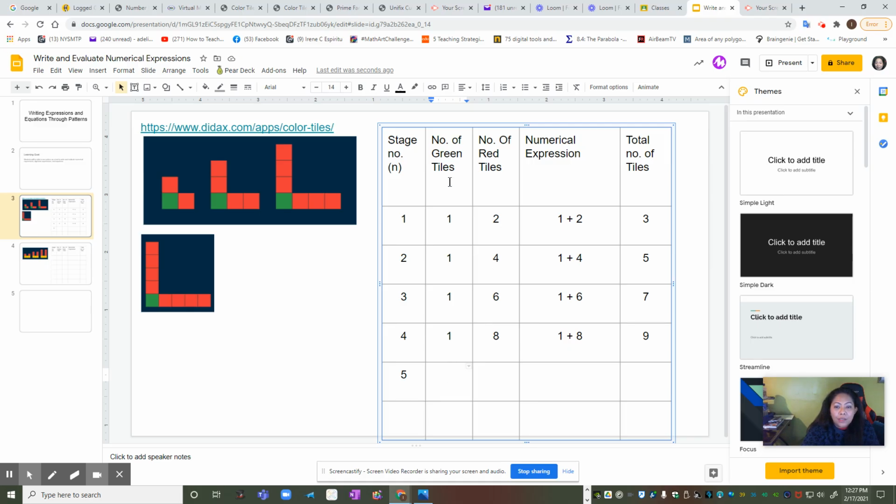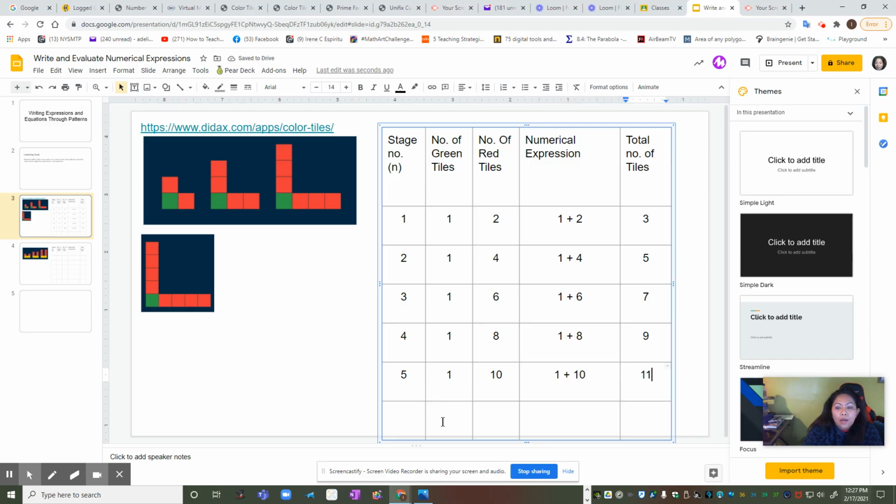So the number of green tile is not changing. It's constantly 1. While the number of red tiles, as you can see, is increasing by 2. 2, 4, 6, 8. So I'm going to put here 10. So for stage 5, I am assuming that there should be 1 plus 10, which is going to be 11.